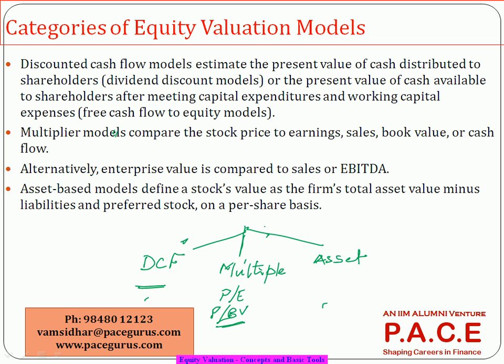So looking at these, the DCF, as the word itself is saying, if you remember the way we have done the NPV or IRR analysis, we are talking about the present value of the future cash flows. And in an equity investment, what are the future cash flows? Today I invest, the only thing I get is the dividend.